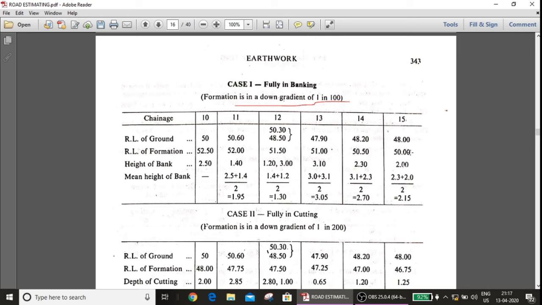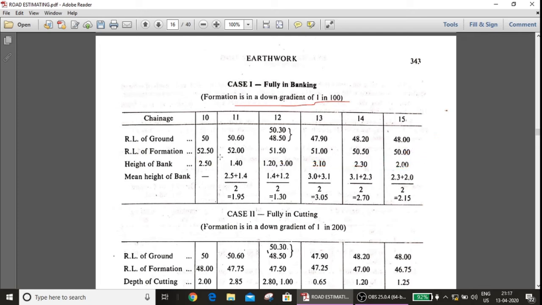Now we have to subtract 0.5 because the downward gradient is 1 in 100. When we subtract, we get the height of the bank, that is RL of the formation minus RL of the ground. Here the formation level is greater than the ground, so all the values will be in banking.